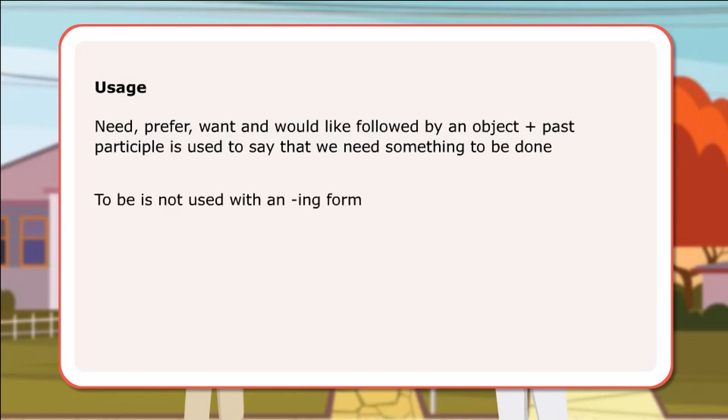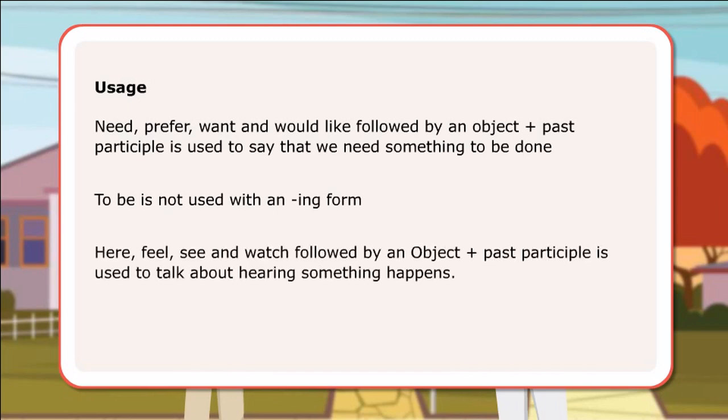To be is not used with an ing form. Hear, feel, see and watch followed by an object plus past participle is used to talk about hearing something happen. After feel, the object is often a reflexive pronoun.